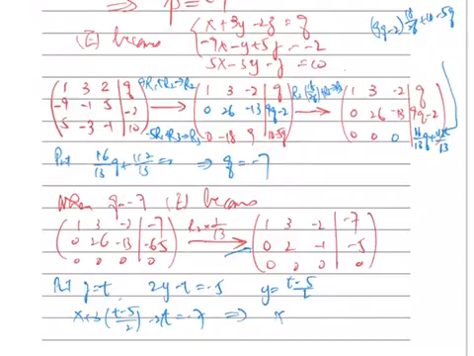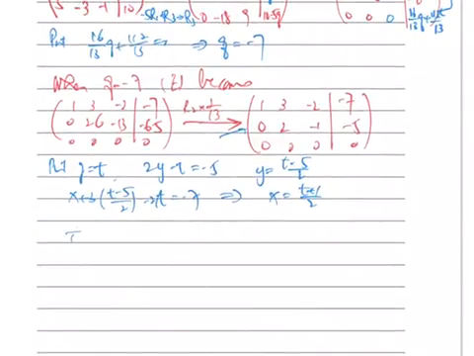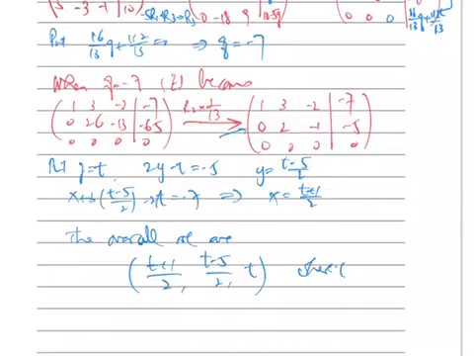You simplify, and you get x is t plus 1 over 2. So the overall solution is t plus 1 over 2, t minus 5 over 2, and t, where t is any real number.